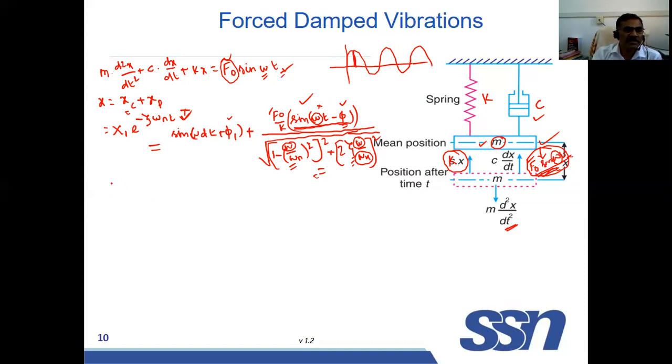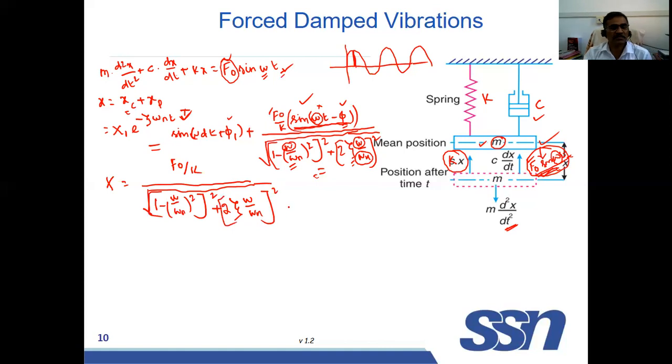Amplitude of vibration x is equal to F naught by k divided by root of 1 minus omega by omega n the whole square plus 2 into psi into omega by omega n the whole square.